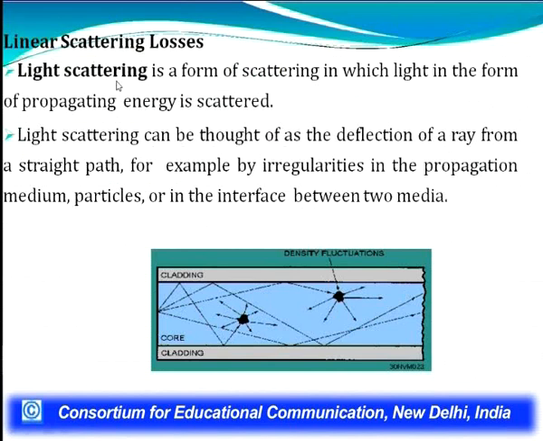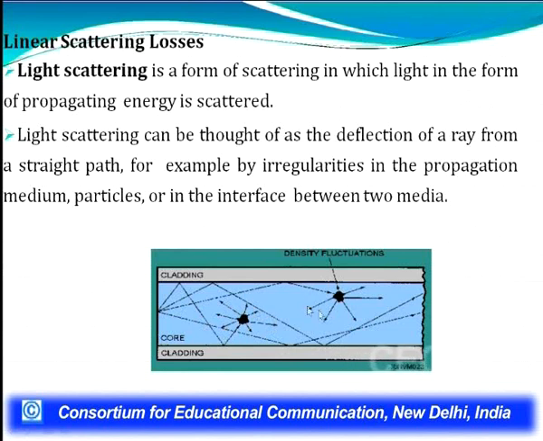Next, linear scattering losses of the light inside the fiber optics. This is the type of loss in which the light propagating energy is scattered. Light scattering can be thought of as a deflection of the ray from a straight path.